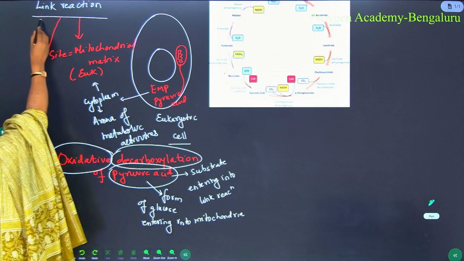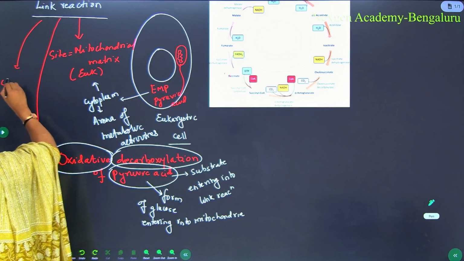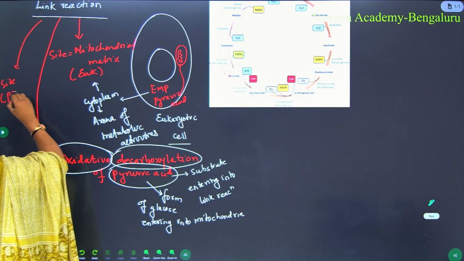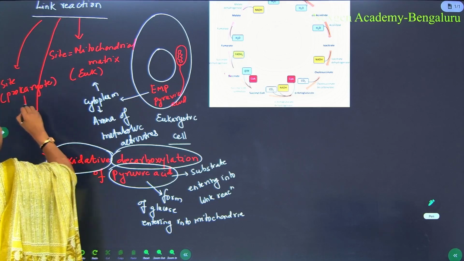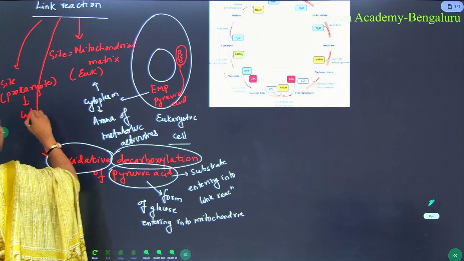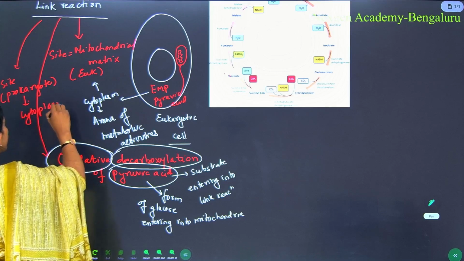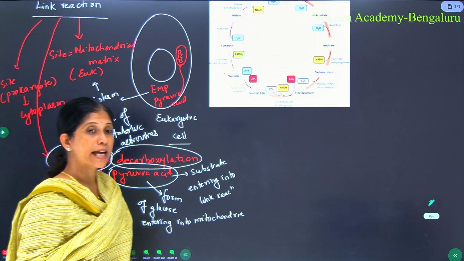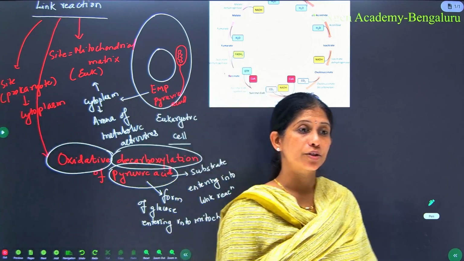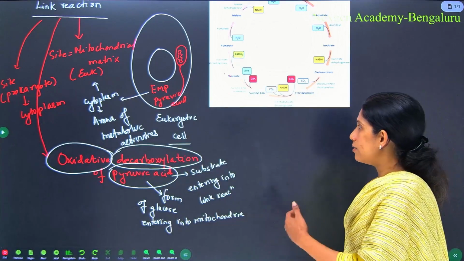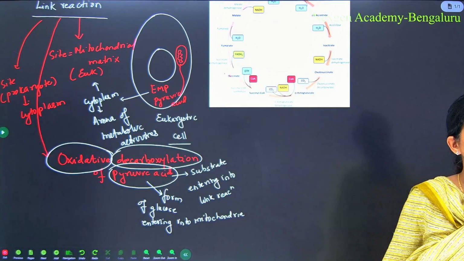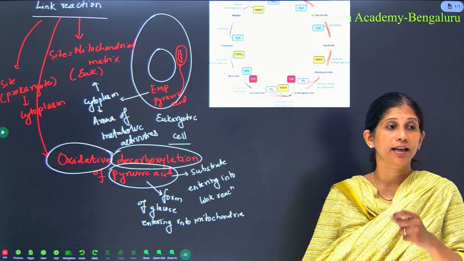In case of prokaryotes, the site will be the cytoplasm, right? So what will be the site of link reaction for prokaryotes? That is cytoplasm. Now let us see what type of reaction is happening in link reaction.